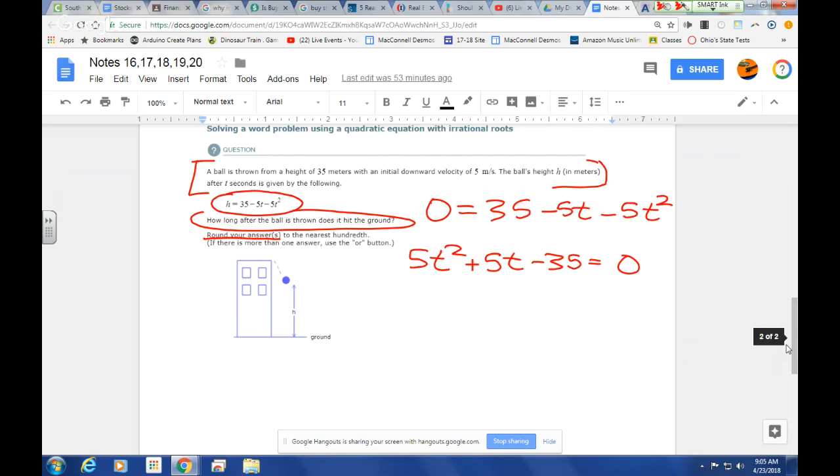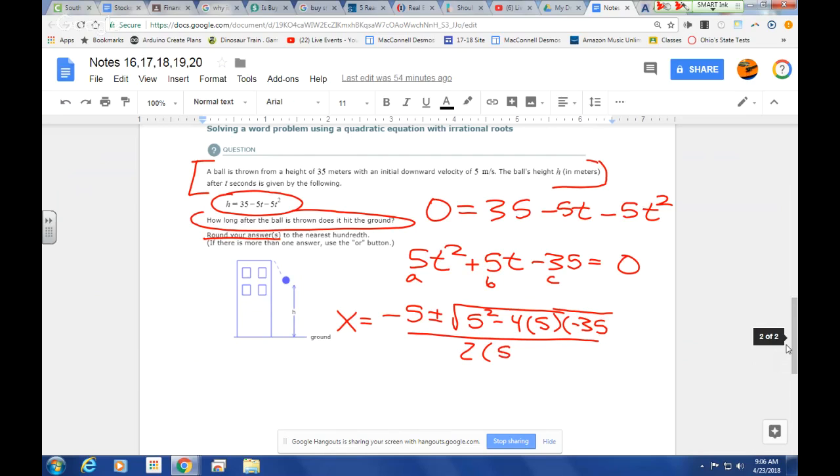If someone said, I'm not going to do that, and just started using the quadratic formula, they would get the same answers. Okay, so quadratic formula, here's my A, here's my B, here's my C. So x equals negative b plus or minus square root of b squared minus 4ac all over 2a.